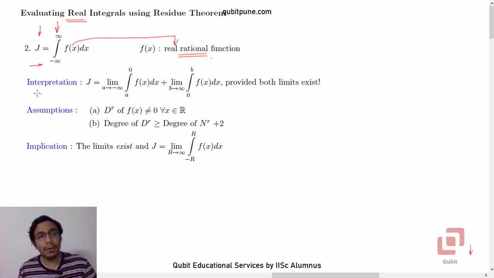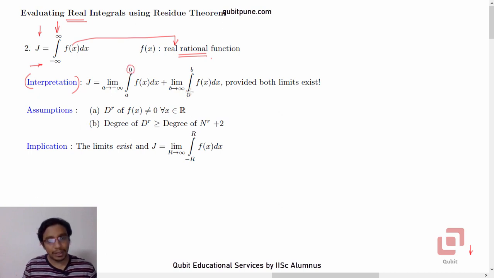Now how are we going to interpret this? Usually what we do is we split this particular interval of integration at any convenient point in between the limits. So let's choose it to be 0. Once we complete the indefinite integration, that is the antiderivative, then instead of substituting minus infinity straight away, you just let it be a and take the limit of that as a tends to minus infinity.